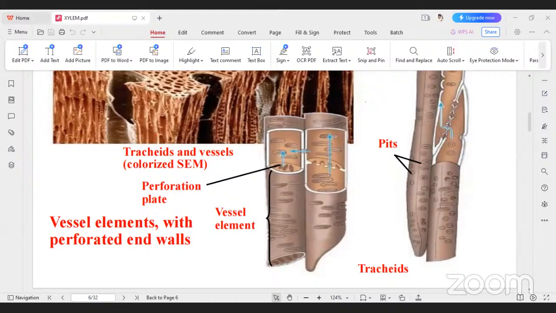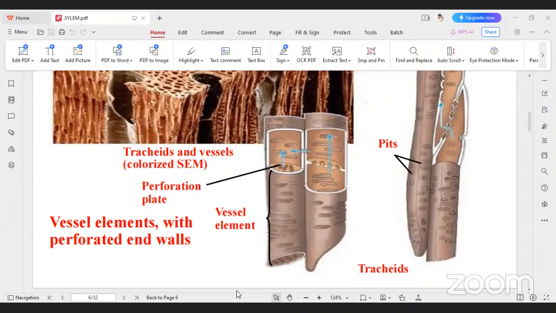Vessels, when compared with tracheids, are short, wide and drum-like, with end walls opening through perforations, not blunt ends. Sharp tapered ends are present in tracheids, but perforation is present in vessels. The tracheid is the fundamental element of xylem tissue and is considered more primitive than the vessel. As I already told you, vessels are the advanced character.